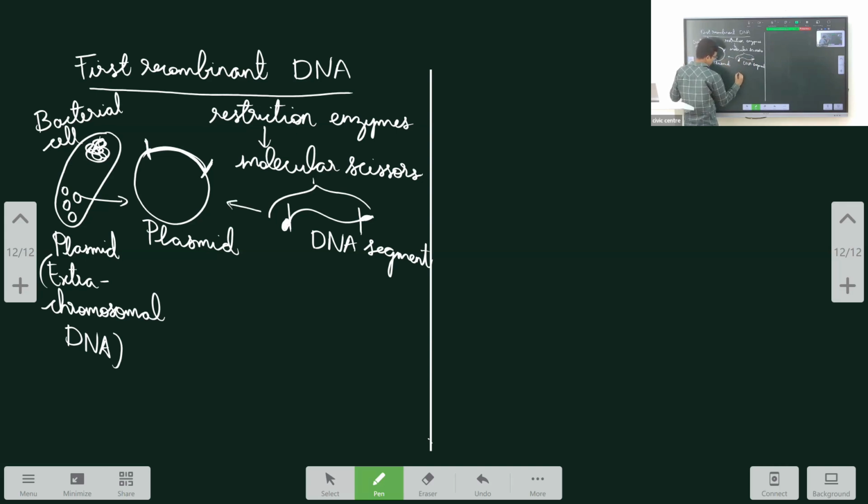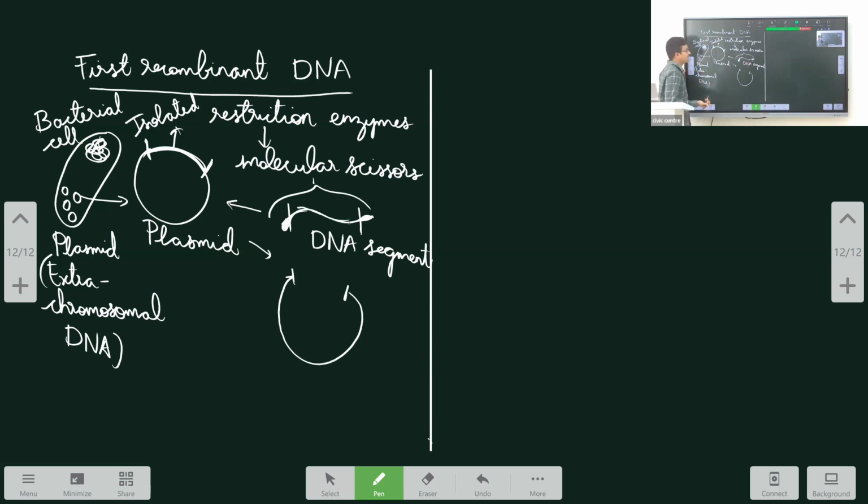So then what happens is, in that plasmid, after the cut has been made, it will be left like this, and after taking it out, now this is isolated. Remove this, and they want the DNA segment of their interest, the one they want to insert.